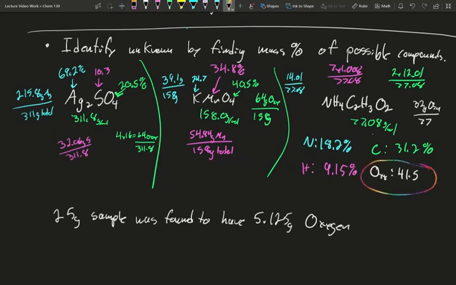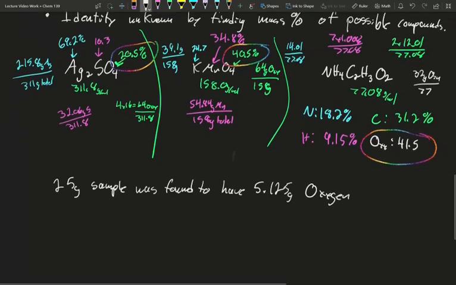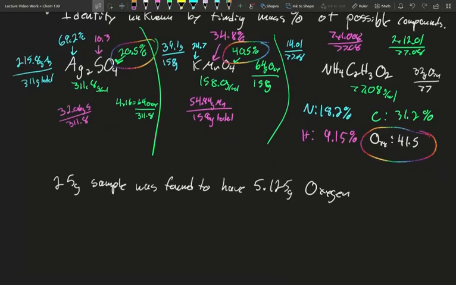Well, this means 2 of our oxygens are somewhat close and 1 is pretty far away. If your values are too close, inaccuracies in the actual measurements of our sample could leave it uncertain. So let's see which of these it is closest to. I have 25 grams sample and 5.125 grams is oxygen. So 5.125 grams of oxygen over 25 grams total for that sample.